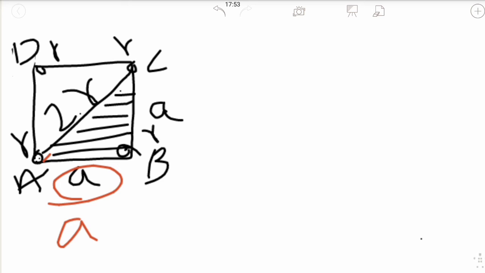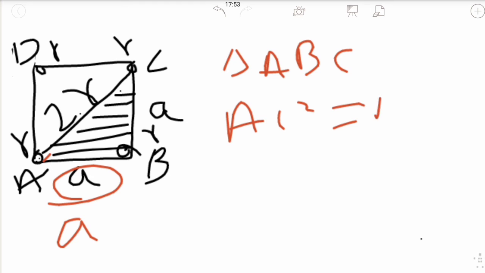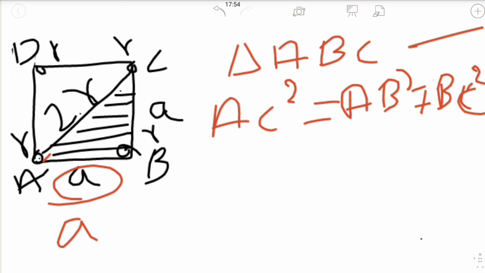In triangle ABC, AC square is equal to AB square plus BC square according to the Pythagoras theorem.